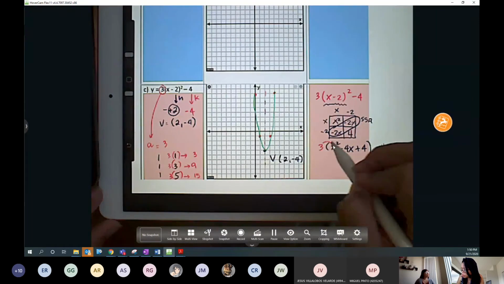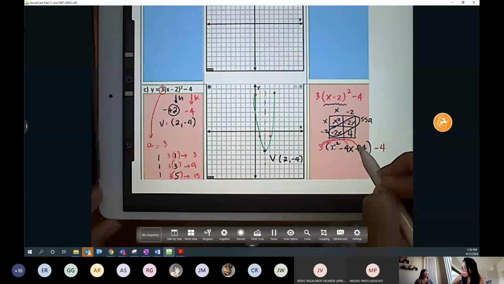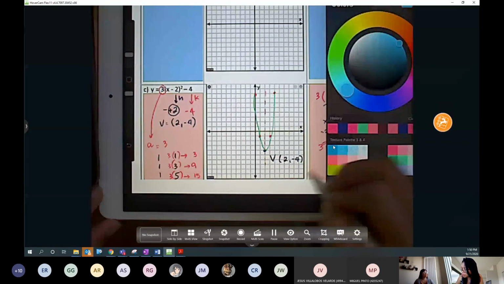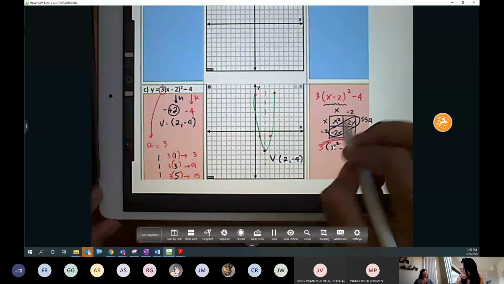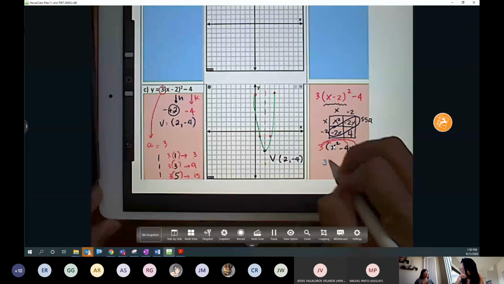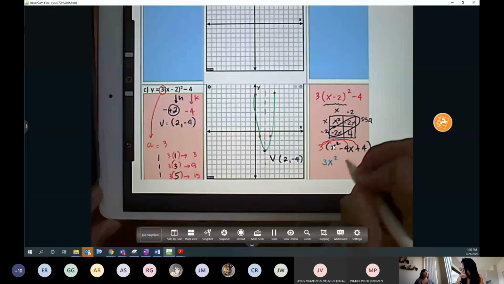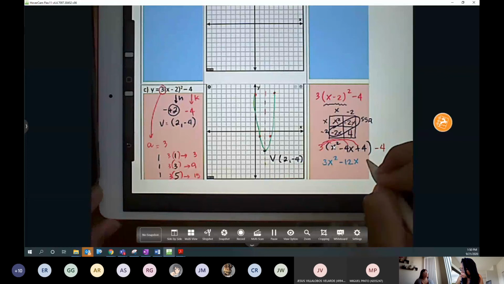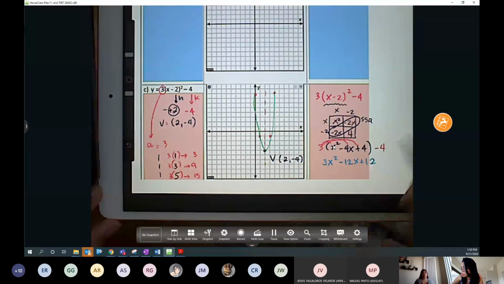So now distribute the 3. So we're going to be multiplying: x squared times 3 would be 3x squared. 3 times negative 4x would be negative 12x. And 3 times 4 would be 12. And then we subtract the 4.